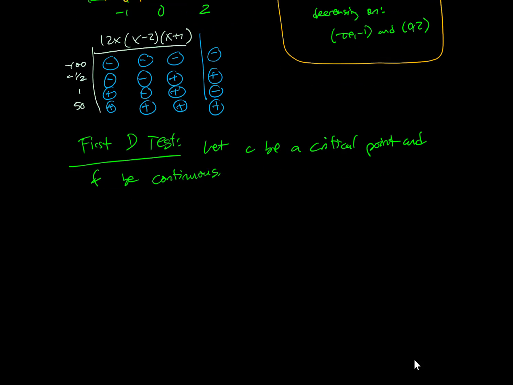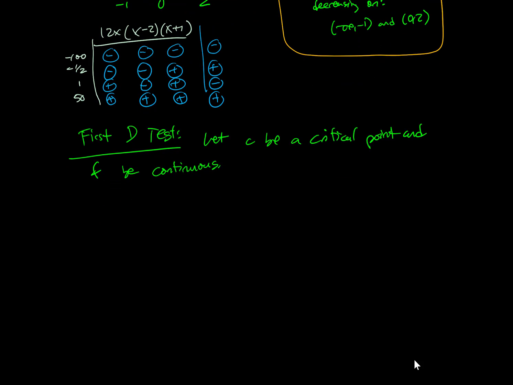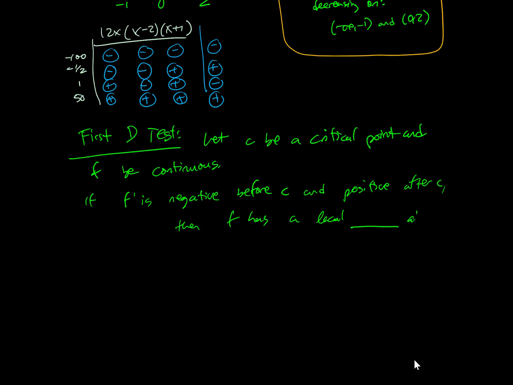That kind of messes us up. Here's what we can say: if f prime is negative before c and positive after c, then f has a local, well, let's think about it at c.